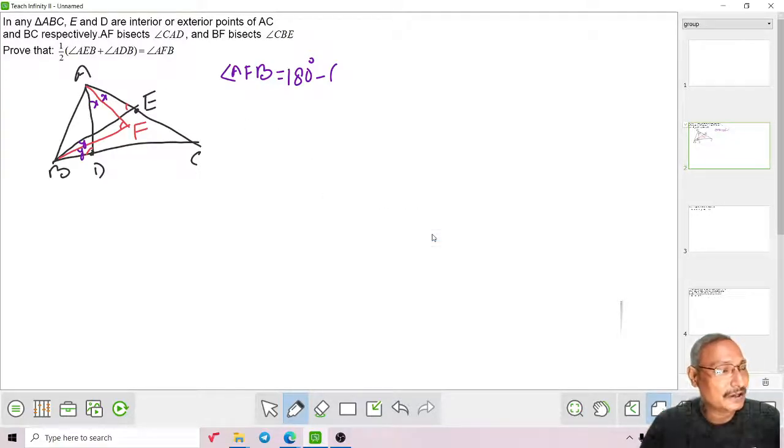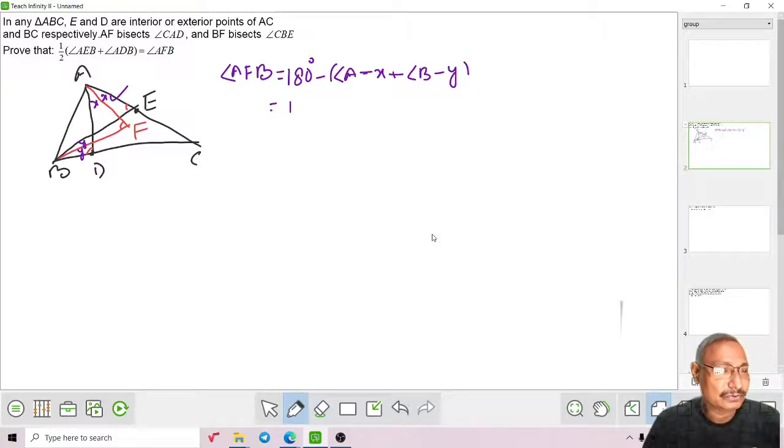First of all, I am taking this angle FAB. Clearly, this is angle A minus angle x. So we can write here angle A minus x. Similarly, this angle is equal to angle B minus y. So plus angle B minus y.